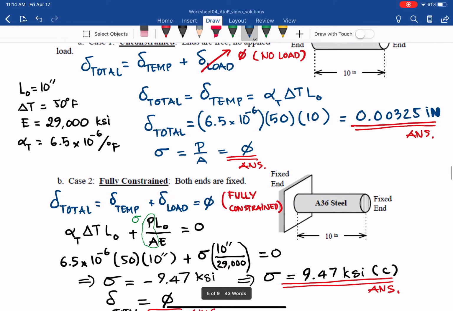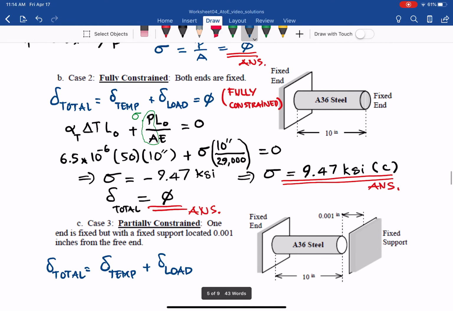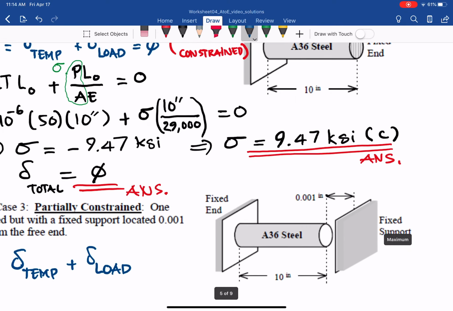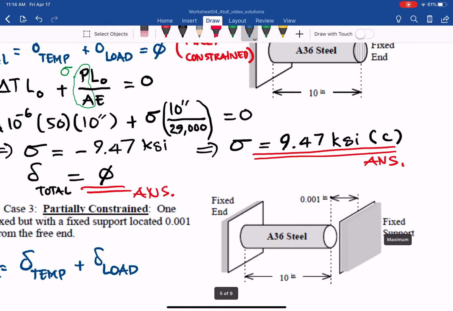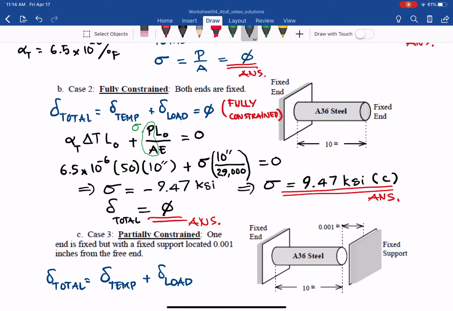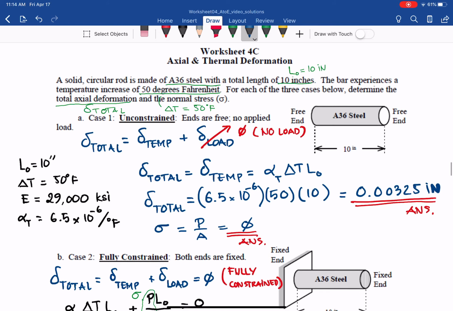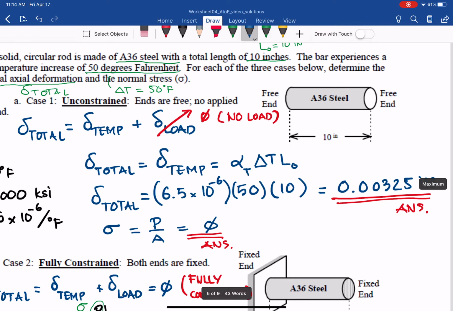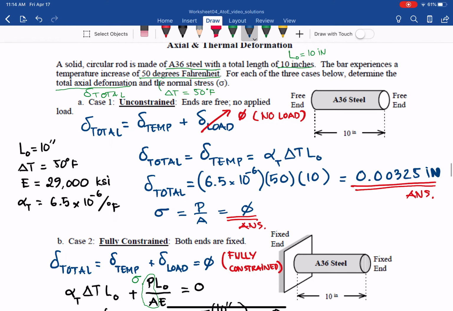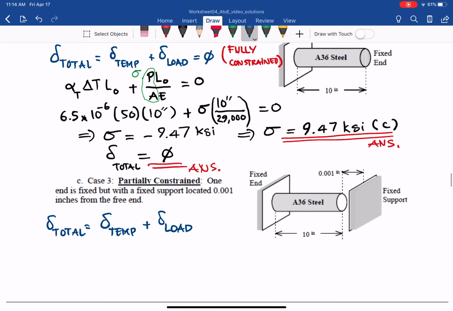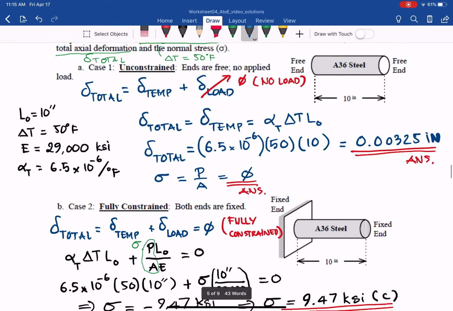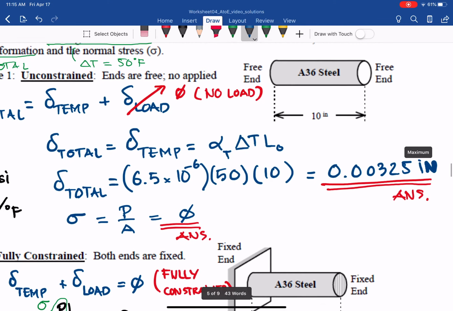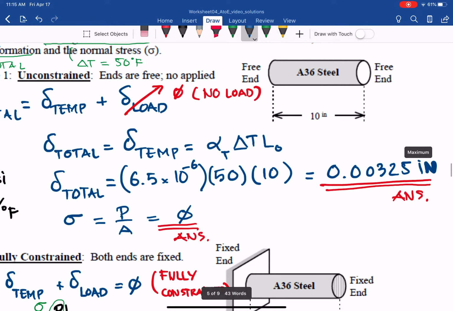If it's free at one end, for example the right side with no fixed support, so it's a cantilever, and you increase the temperature with no load applied, then going back to the second scenario, the length increases 0.00325 inch. But now there is a fixed support on the right, and there is a gap of 0.001, which is less than the thermal expansion if it were free for the temperature increase of 50 degrees Fahrenheit.